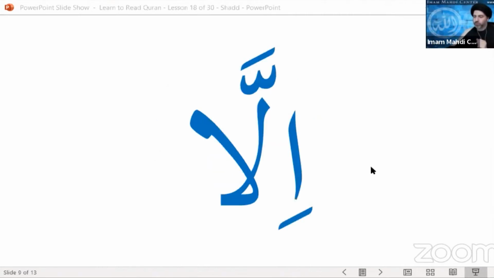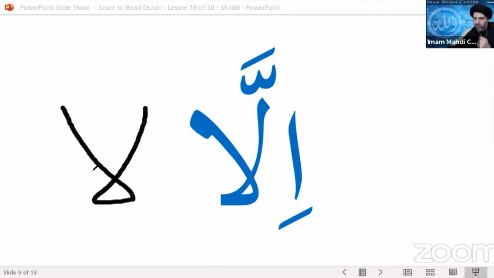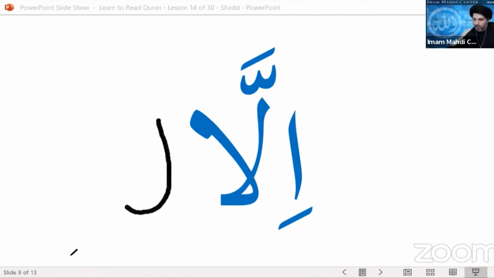Our next word. Here we have an alif with kasra. So it's pronounced a. And then you remember this is what we call the lam alif. This shape that you see here is actually the letter lam and the letter alif, but it's written together in a special way.